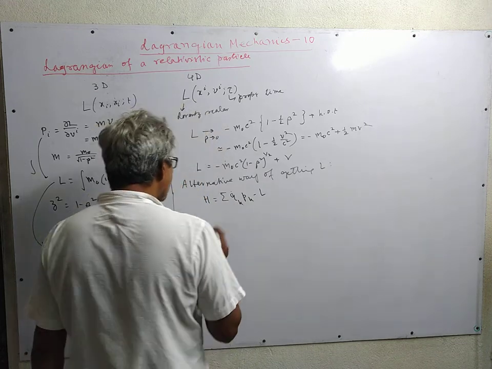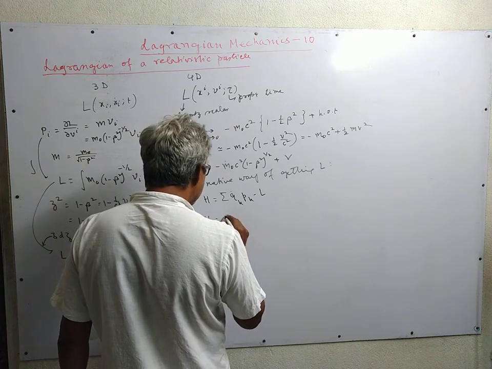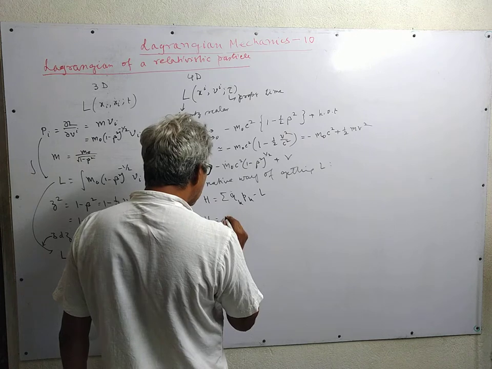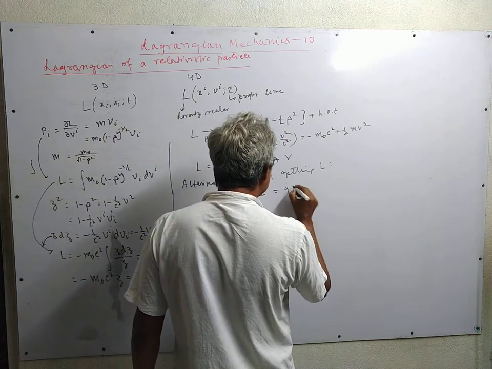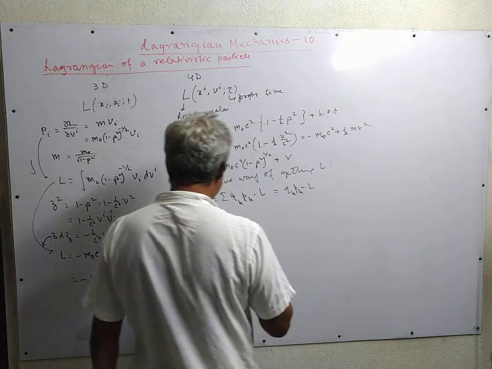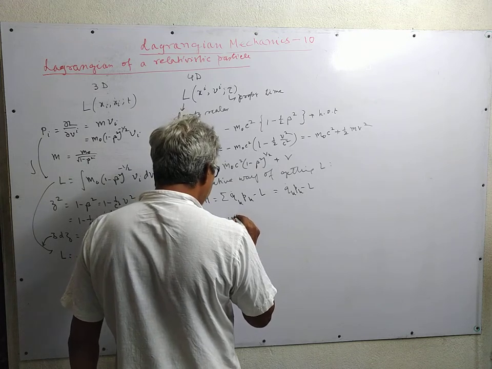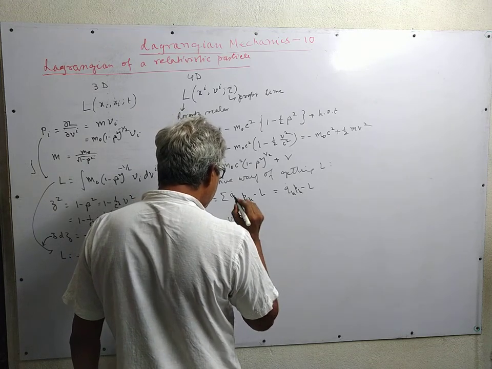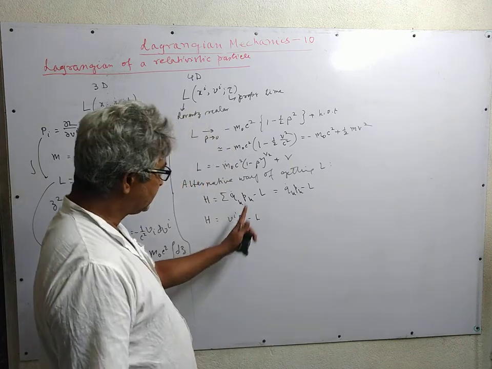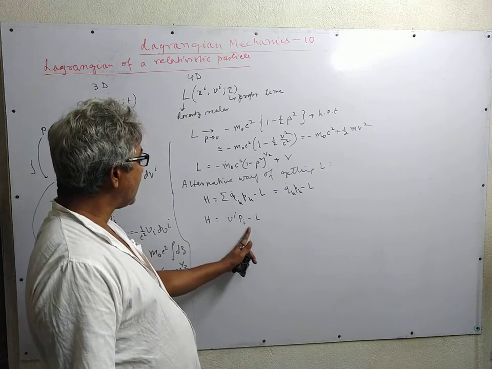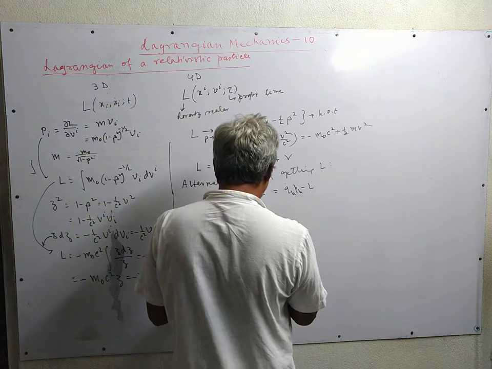So in relativity, we should write H as a summation over i, using Einstein's convention, so in this convention this reads as v_i p^i − L. To make the quantity scalar, we have used the product as a mixture of covariant and contravariant.